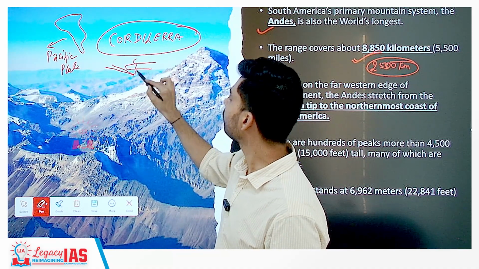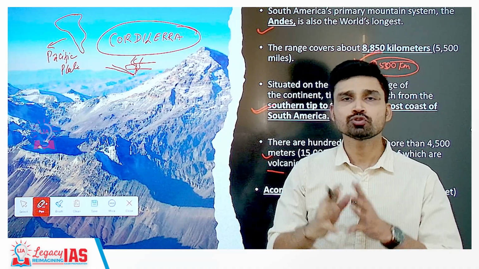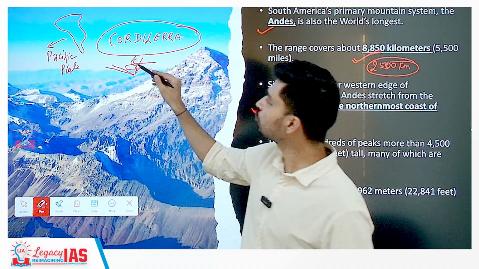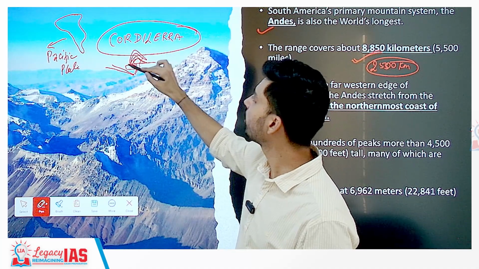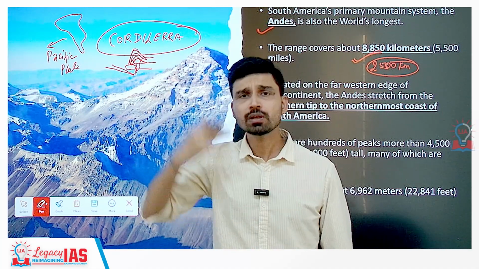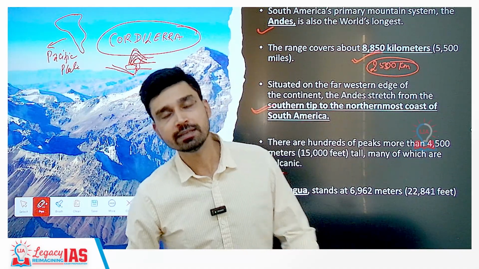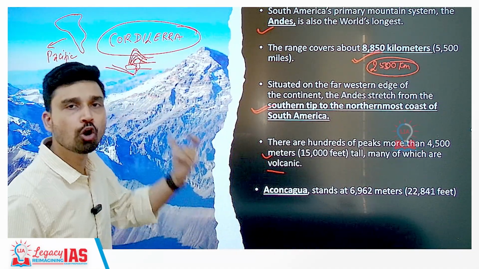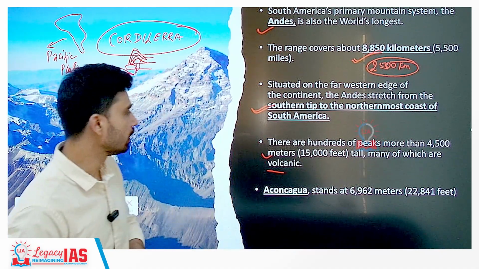This magma breaks through the continental crust and deposits itself after solidification, and this continuous deposition after cooling of magma leads to the formation of high altitude areas, generally referred to as mountains. So, the Andes is formed due to ocean-continent convergence between the Pacific plate and the South American continental plate.